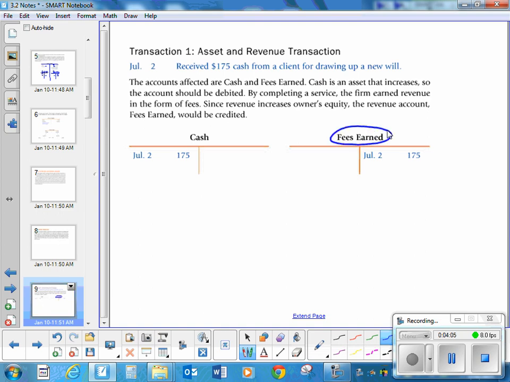That's a type of revenue. And your cash is involved. Cash has a normal debit, fees earned has a normal credit. Your cash is going up 175 on the same side as this star, and your fees earned is going up 175. That's how come you're on the same side as this star.